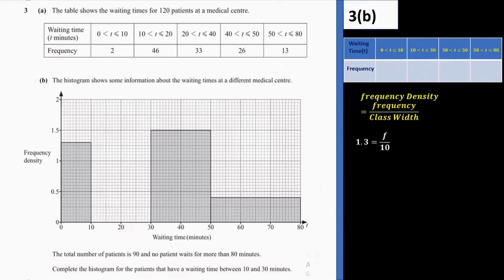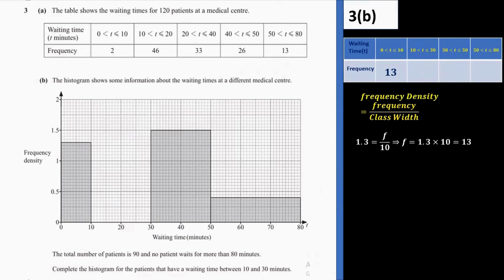If you look at the first class, between 0 and 10, the frequency density is 1.3. The bar rises up to 1.3. We are referring to the first bar, the class that has the interval 0 to 10.